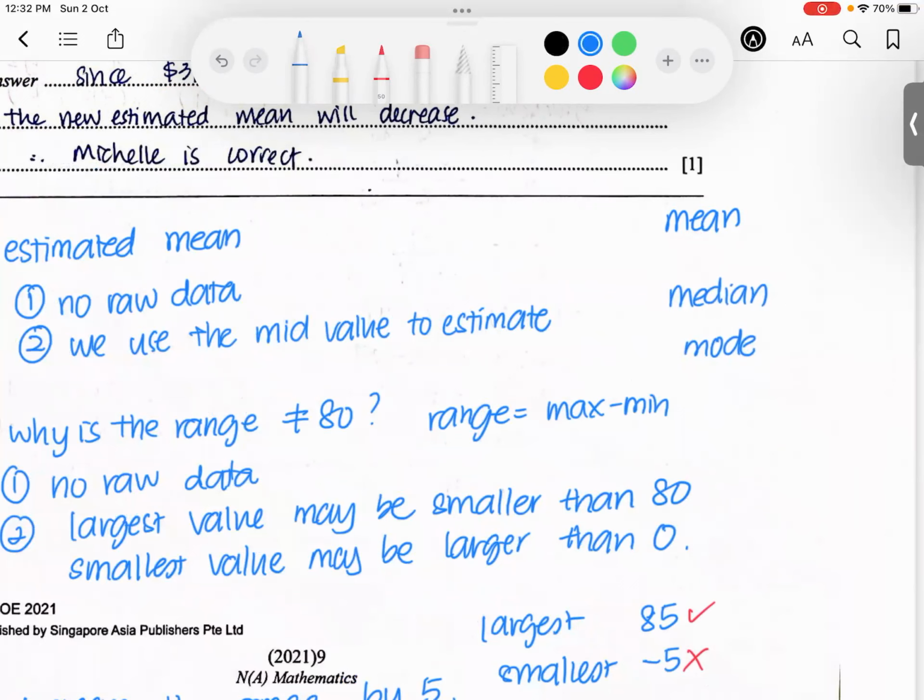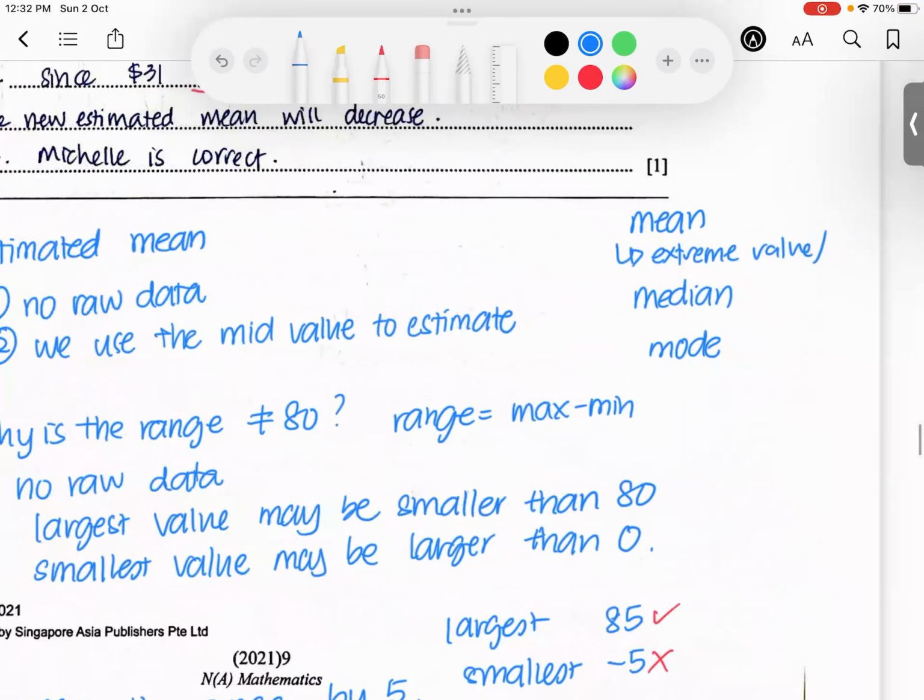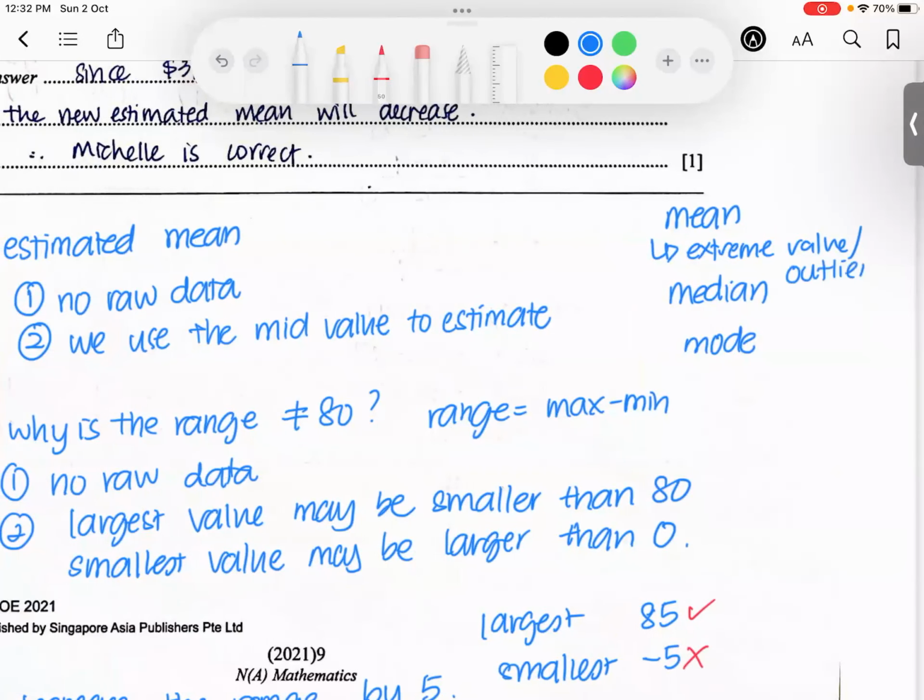That happens when it has an extreme value, or you call it an outlier, the odd one out, very far away from the rest of the data. An extreme value will greatly affect the mean. If it's a very large value, it increases the mean. If it's a very small value, it decreases the mean. So under such cases, the mean will not be accurate.